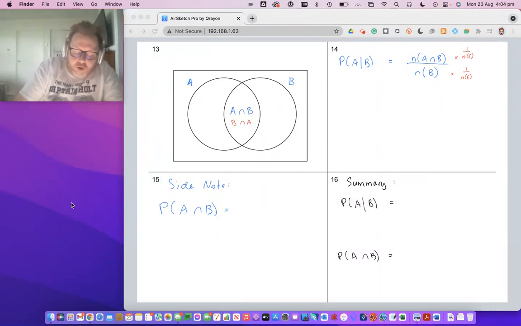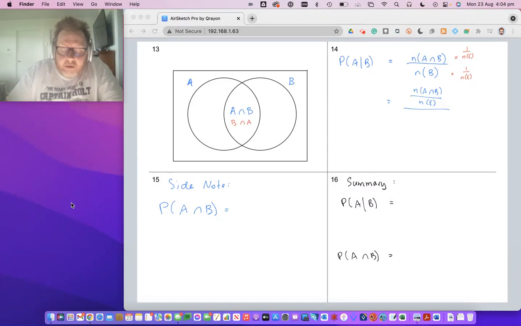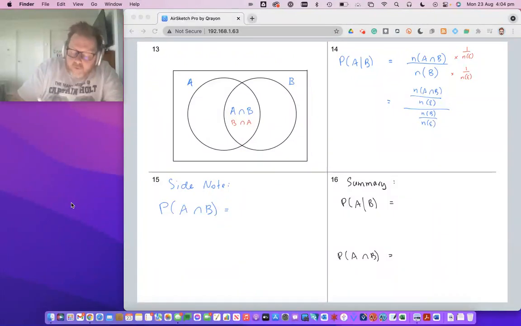Okay, so what does that give us top and bottom? Do you remember what happens when we multiply a thing by 1 over? Basically, this becomes the top of the fraction. So the next line would be like this. Number in A intersect B over the number in the universal set, the total outcomes, over number in B over the number in the universal set, total outcomes.